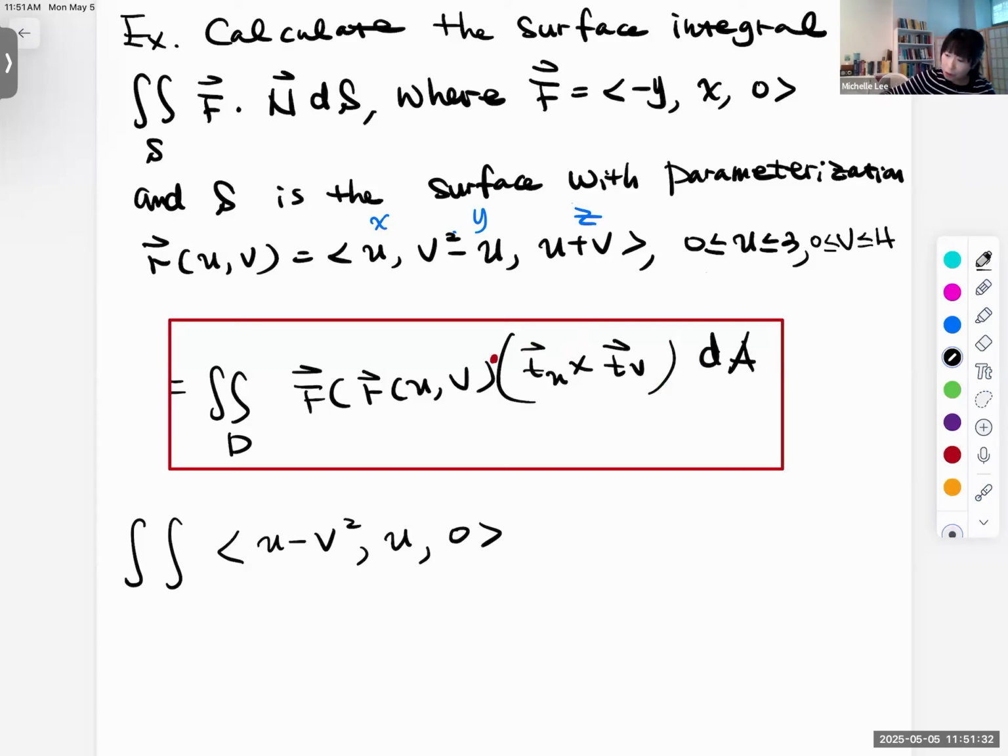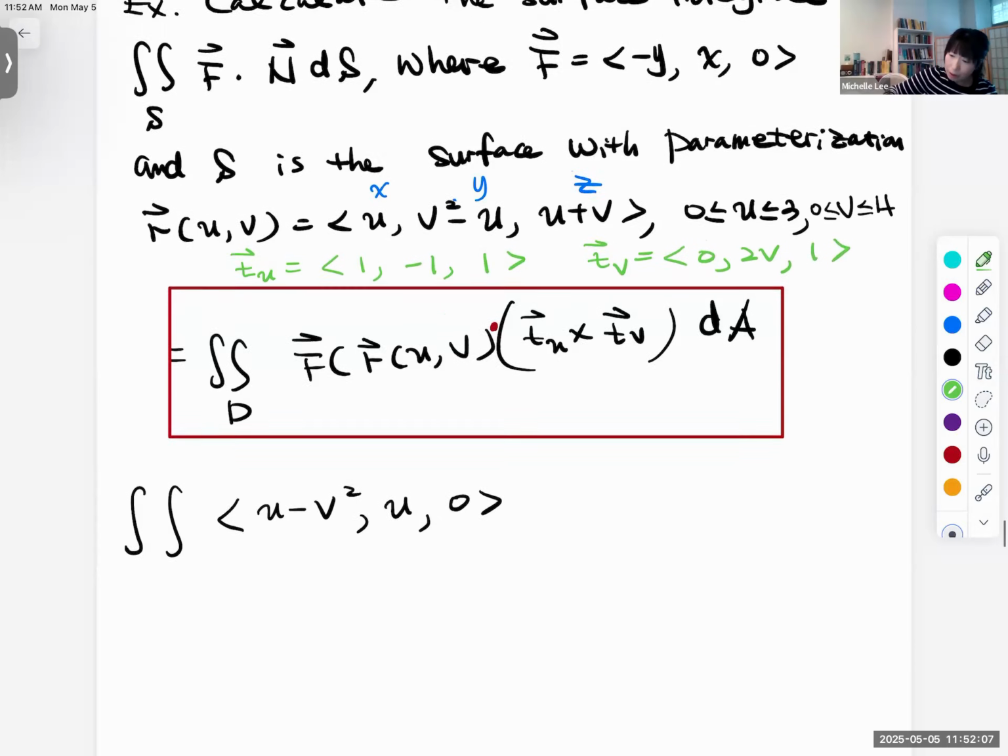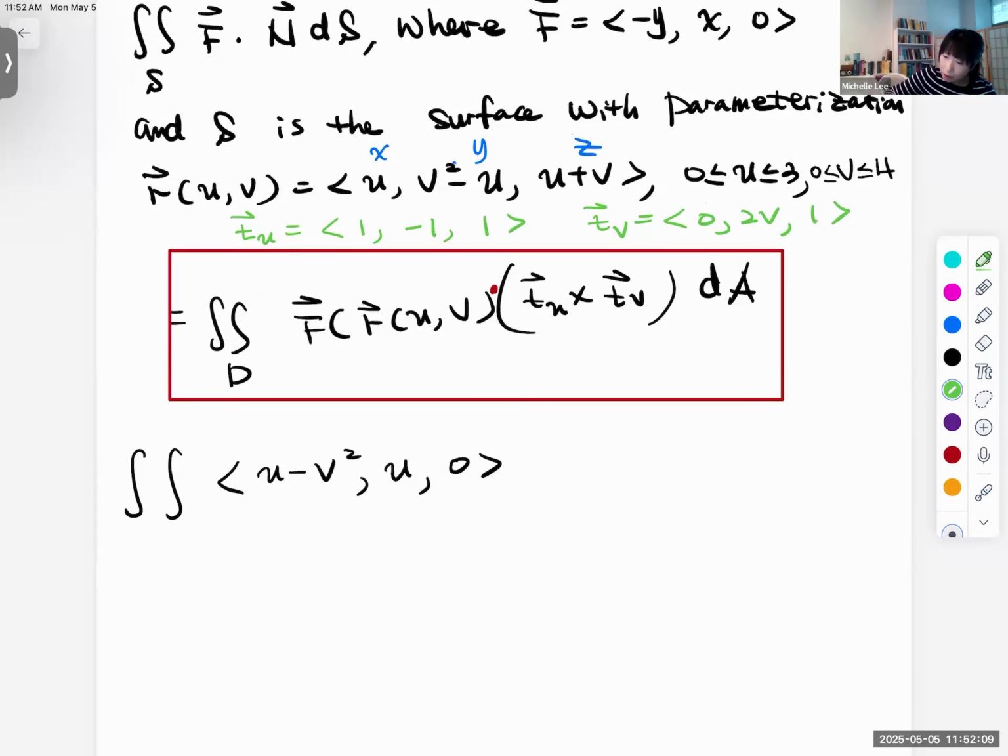Okay, now let us do this one. We're looking at the partial derivative of r with respect to u. What is this? That's 1, negative 1, 1. What about the partial derivative with respect to v? 0, 2v, and 1, right? Now let's write down the cross product.